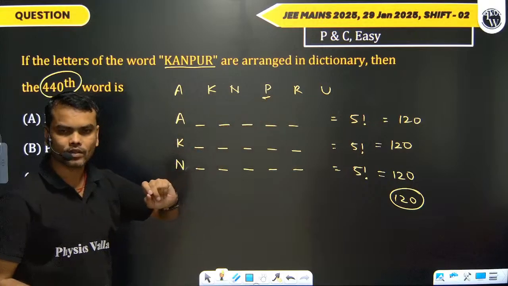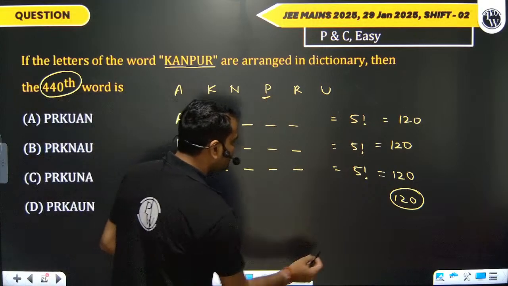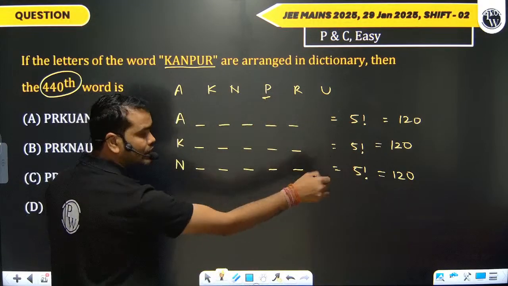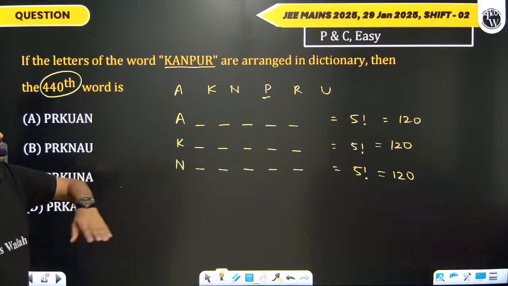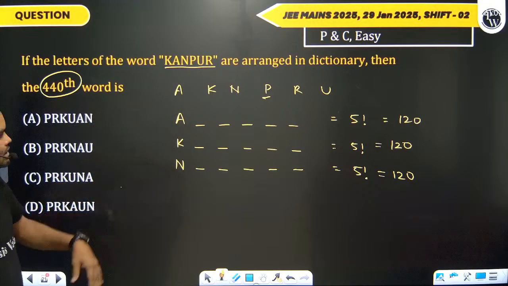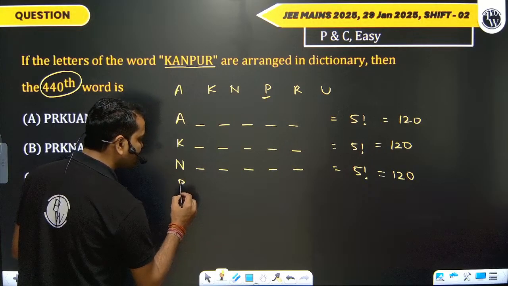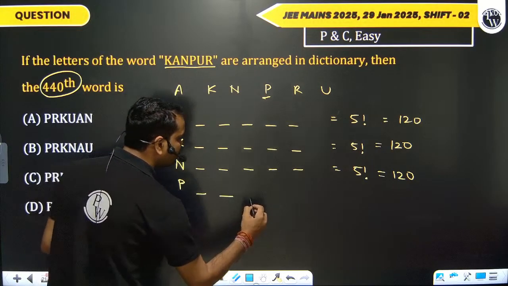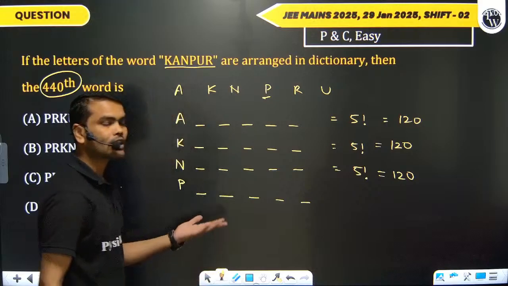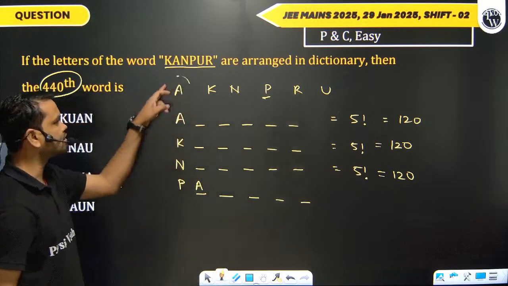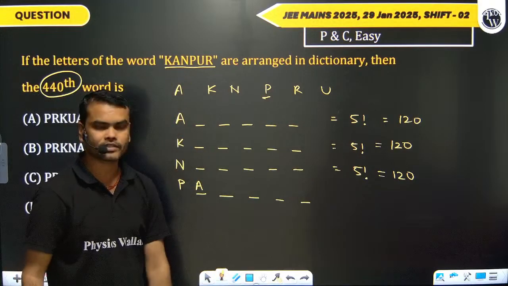starting with P. Because if you start from all the words, 120 words will come, that will be 480, and then R will start. So obviously it will be in the middle, so the letter P will be coming, and then if you place P, again you have to fill 5 places, but you will not take all the arrangements. First you will take the arrangements which are forming with A, which is the first letter, right?